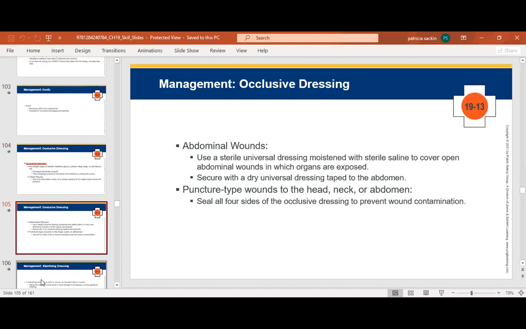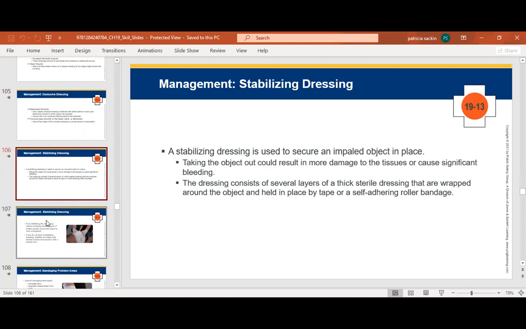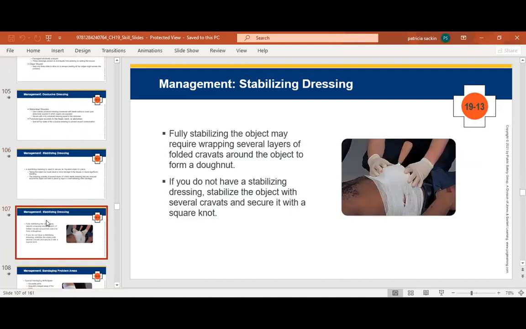Okay. Next. A stabilizing dressing, used to secure impaled objects. We never remove an impaled object. So if they're stuck on a tree branch, we're not going to pull the tree branch out of them. We're going to cut the tree branch off, stabilize it in them, and transport them, and let the hospital deal with it because of the damage that could be done inside.